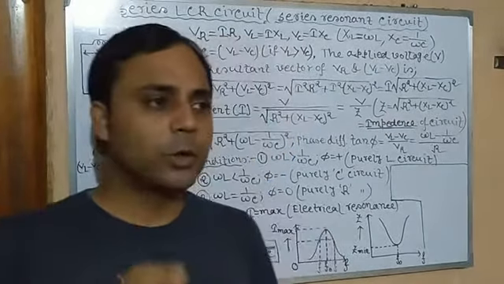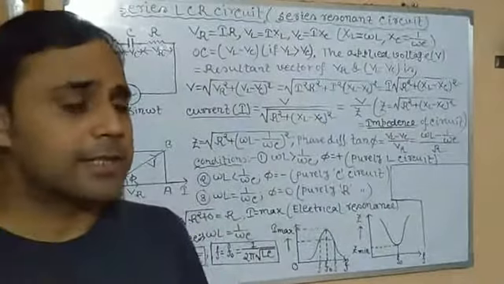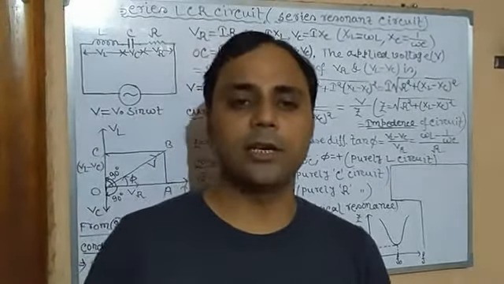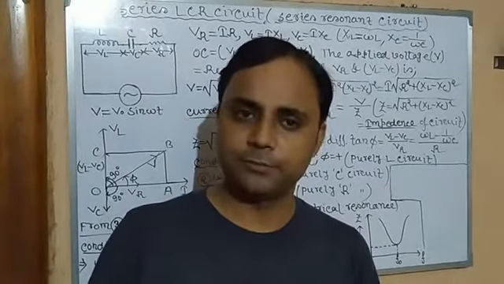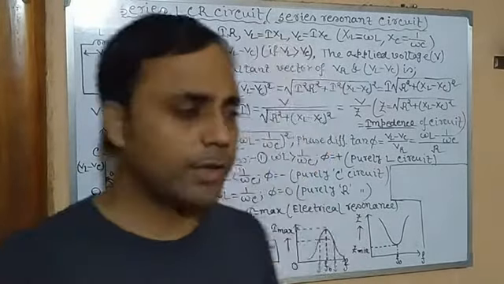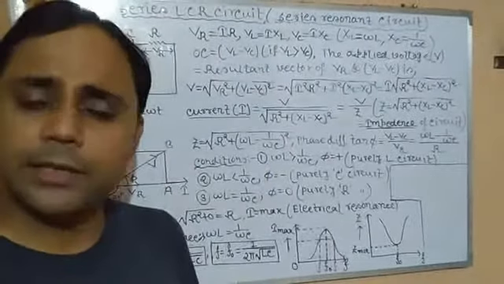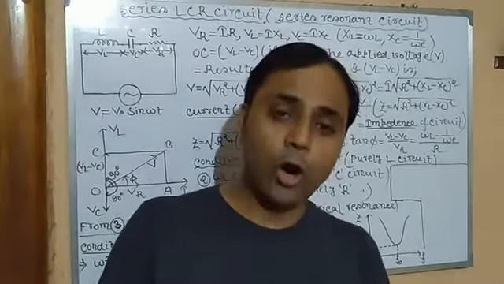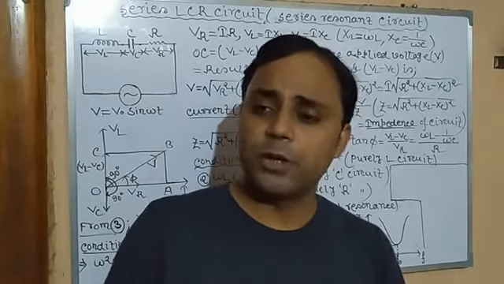That is, a purely resistive AC circuit means when the AC circuit contains only a resistor, a purely inductive AC circuit means when it contains only an inductor, and a purely capacitive AC circuit means when it contains only a capacitor.